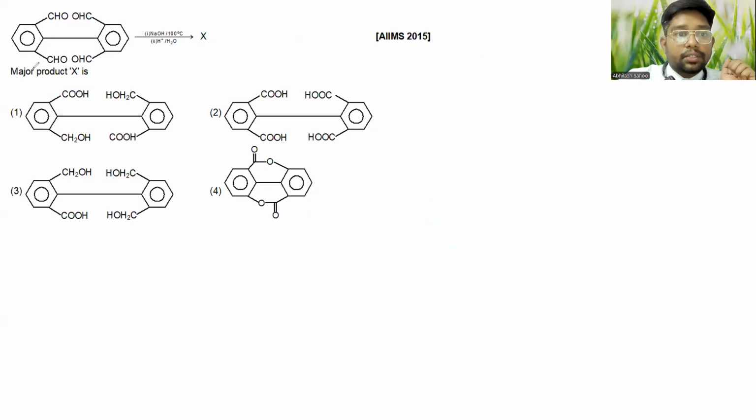Okay, this is another question. So now see here what is happening, this question came in AIIMS 2015. Here this is one aldehyde which doesn't contain any alpha hydrogen, and here what is happening, this is intramolecular Cannizzaro.